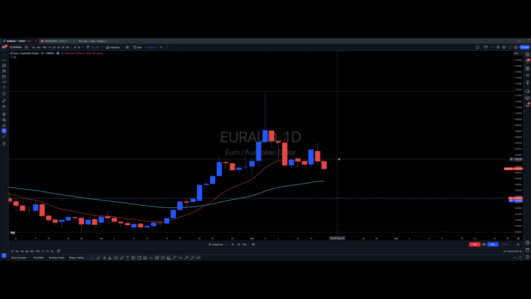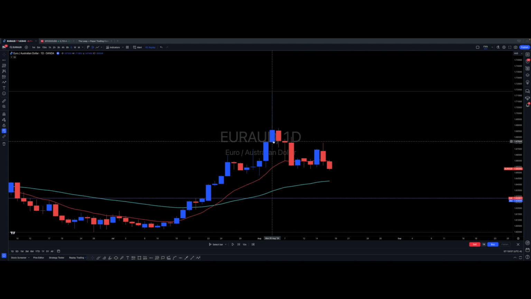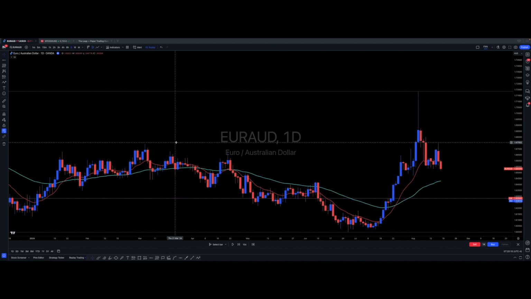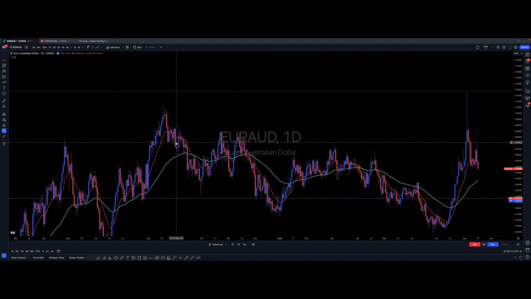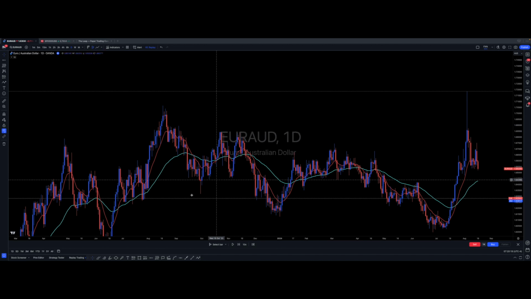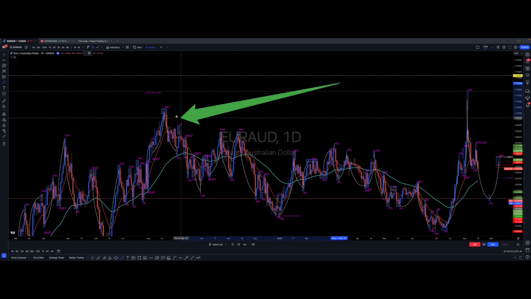Do you notice anything specific about how this structure looks? If we look at this point here, what is this big wick doing on the daily time frame? Think about it. If we scroll over to the left, what is it doing? Okay, what's here? What's here? All in these areas here, all in this area, all in this area.